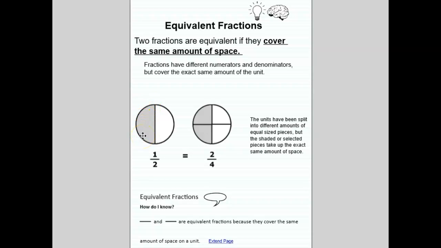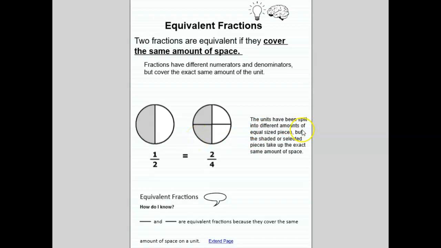Now let's look at 2/4. You'll notice right away that this unit is split into 4 equal parts. But still, it covers half of the unit because 2 of the 4 equal parts are shaded or selected. I know that 1/2 and 2/4 are equivalent fractions because look, they cover the exact same amount of area on a unit.